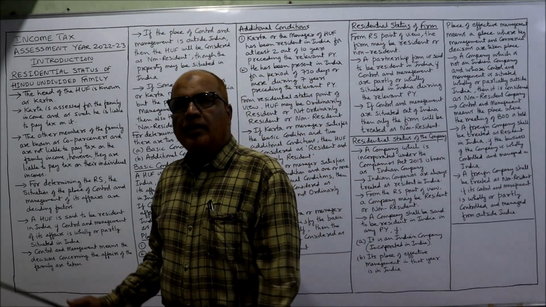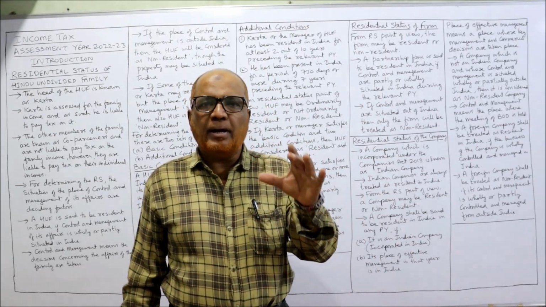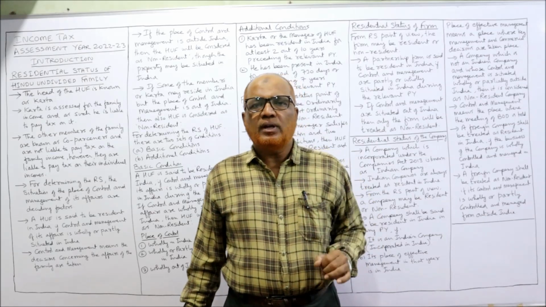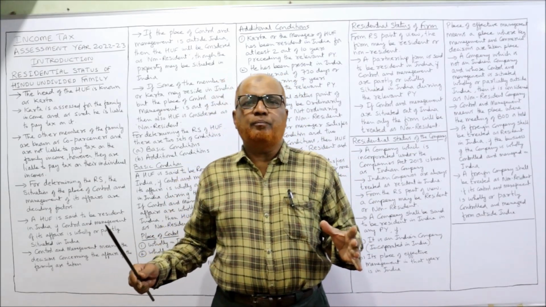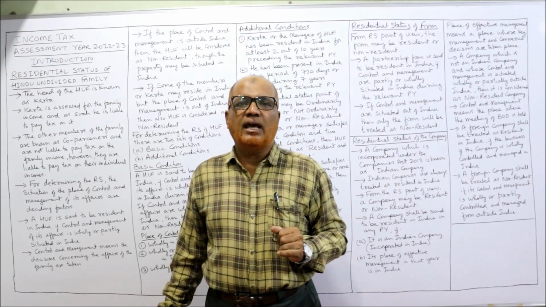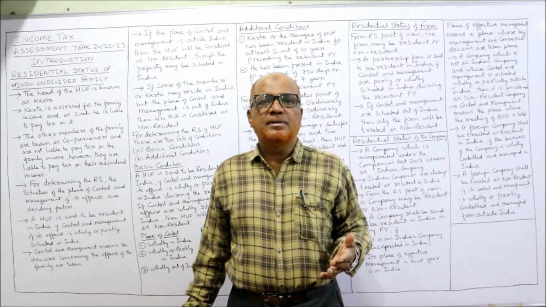Now, Hindu undivided family. This is also one of the persons from the income tax point of view. So what is a Hindu undivided family? It's a group of persons linearly descended from a common ancestor, and they are running the business. So it's a family business.